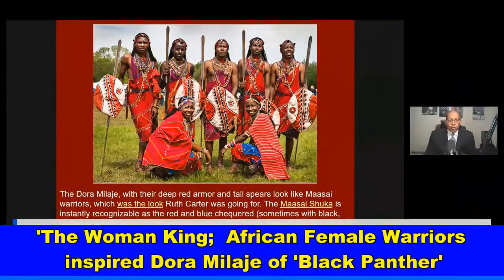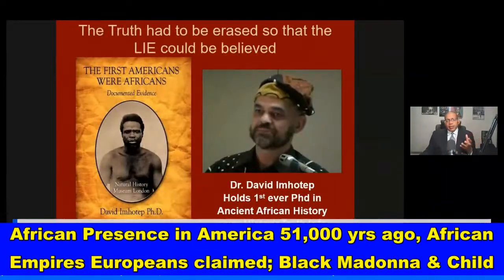The Maasai shuka is instantly recognizable as the red and blue checkered, sometimes with black, yellow, or green, but red is always the base color. And this is the shawl draped over the semi-nomadic Maasai. Okay, so there are so many African influences in the film Black Panther.